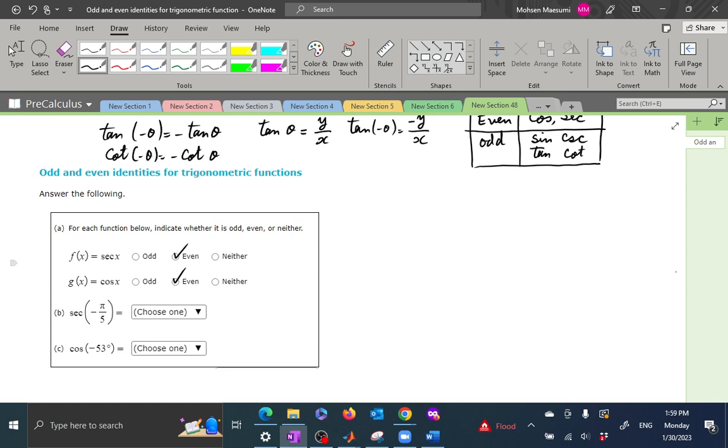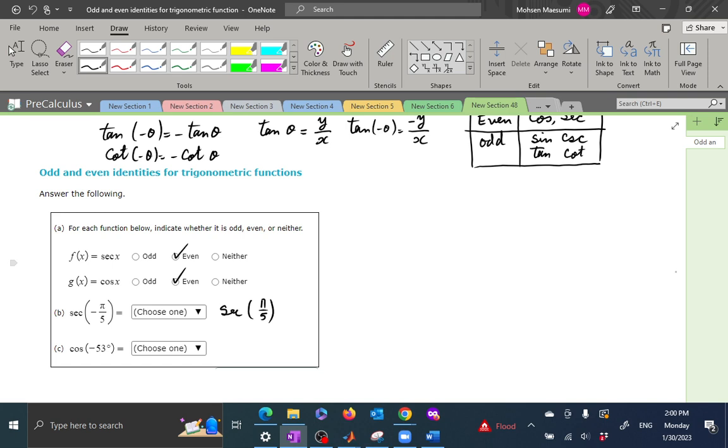Now, when you're answering here, it's not asking you to calculate what's the value of this thing, or you shouldn't look for a calculator or something. The question is, if I put a minus here, what would that be? Well, the answer is that if I calculate secant of pi over 5, I'll get the same thing as the secant of minus pi over 5.